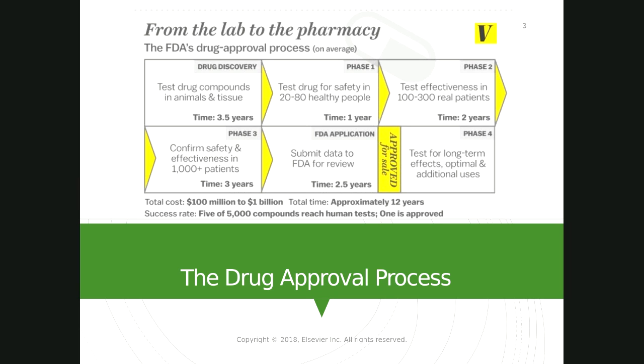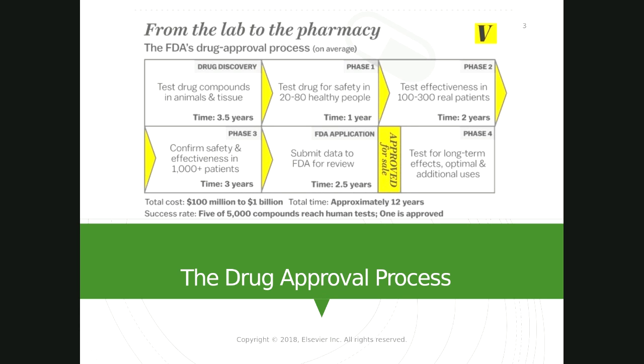Phase 1 is where a new drug or treatment is tested in a small group of people for the first time to evaluate the safety, determine the dosage range, and identify the side effects.